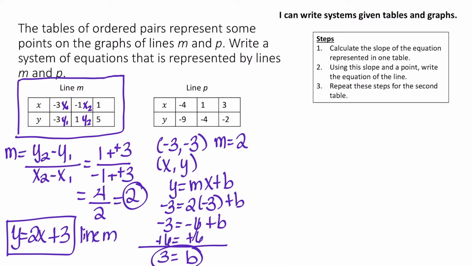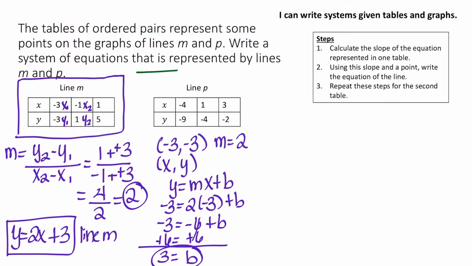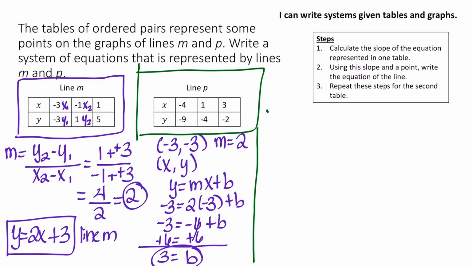Now I'm going to work on line P. I'm going to use a different color just so you can see my work. So here is my table. When I work on line P, I need to start off once again by calculating the slope. So I'm going to pick 2 points. So I have x1, y1, and x2, y2. So I have y2 minus y1 divided by x2 minus x1.